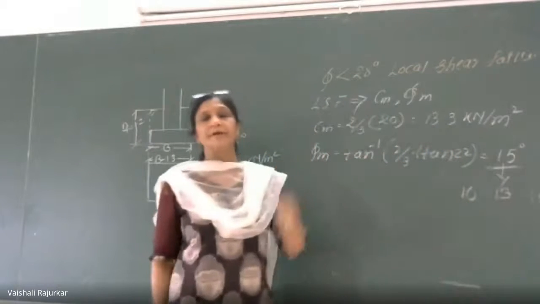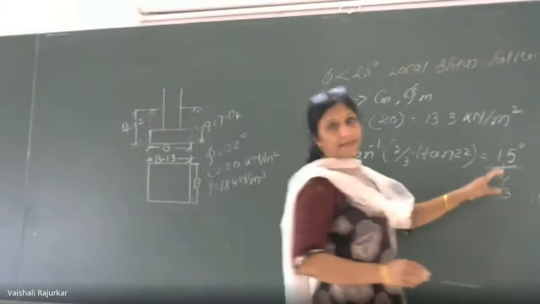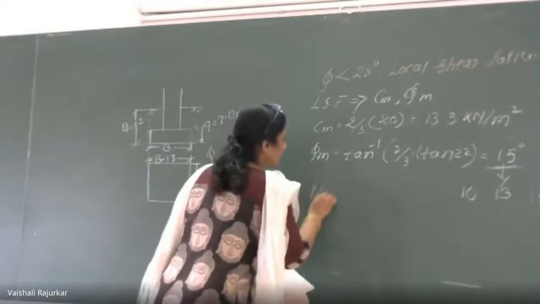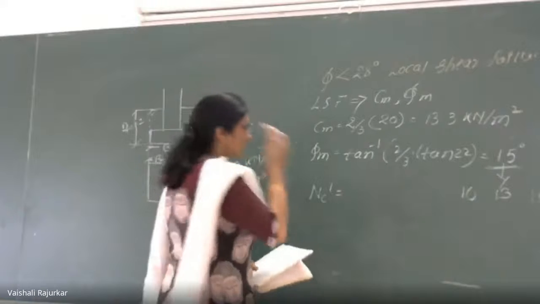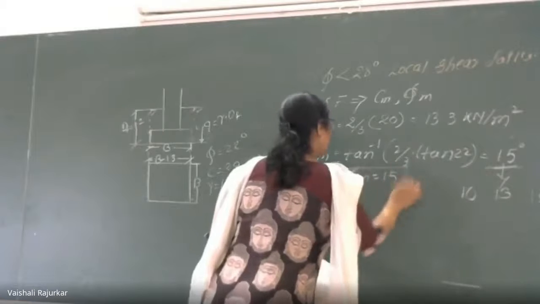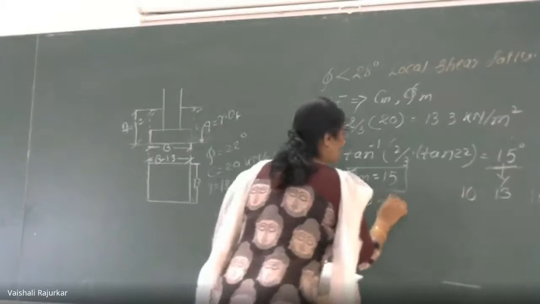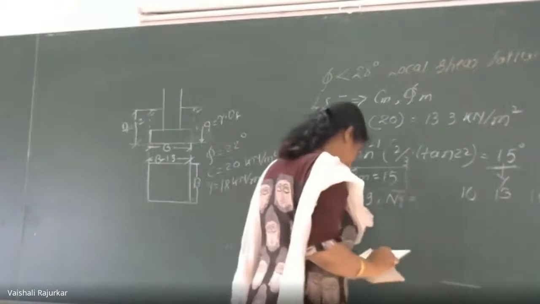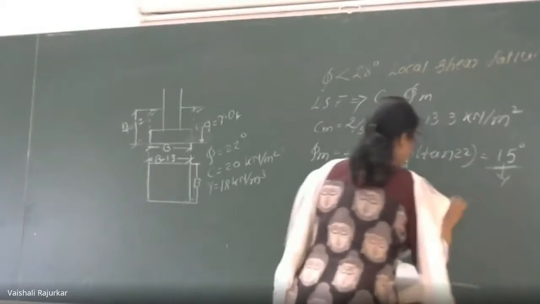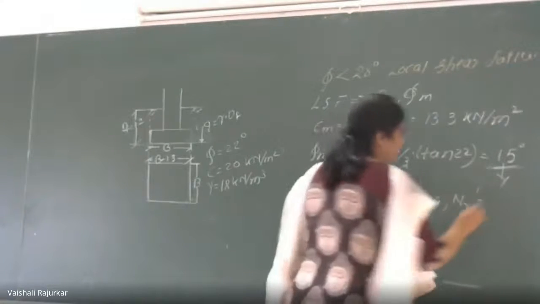For all three you have to interpolate to get NC dash, NQ dash and N gamma dash. Here the value for 15 is directly available, so I will just take these values for phi m equal to 15. Directly, NC dash is given as 12.9, NQ dash is given as 4.4, and N gamma dash is given as 2.5.